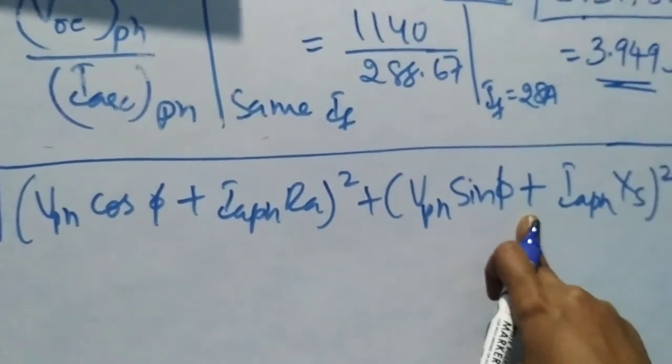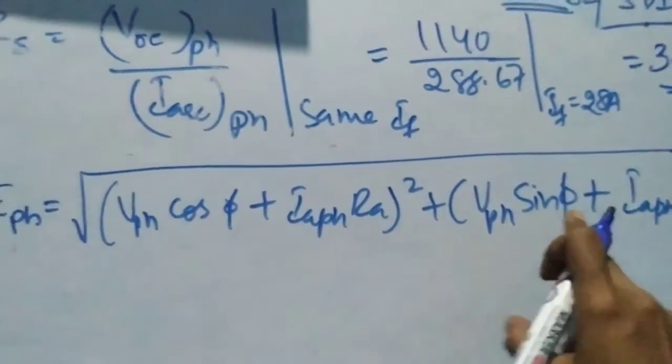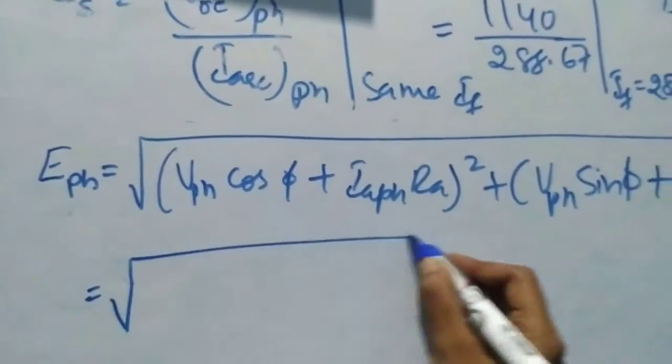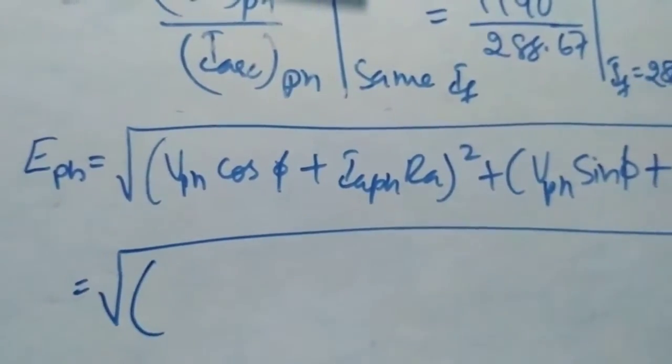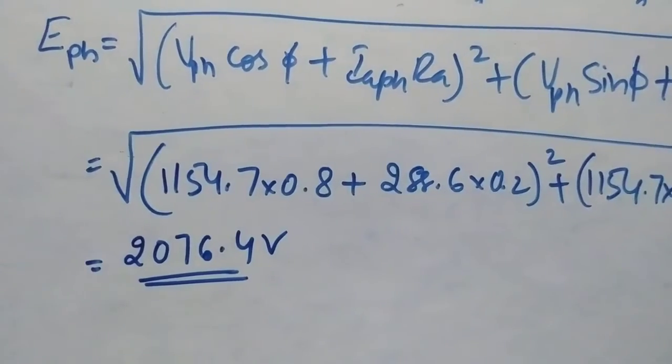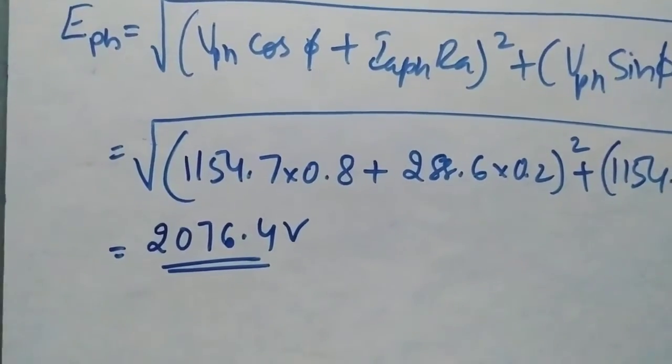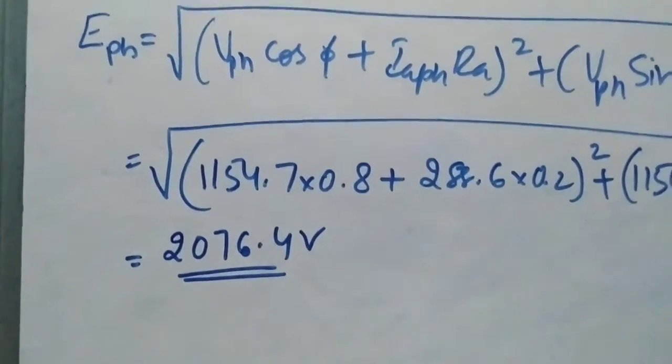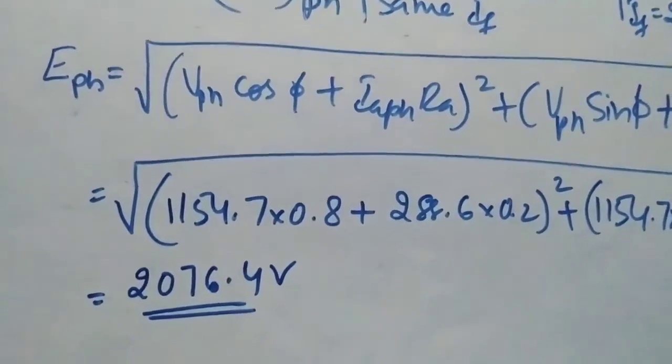First we will solve for the lagging case. Now let us substitute the corresponding values. It leads to 2076.4 volts.